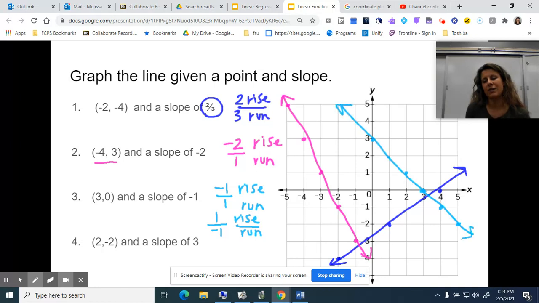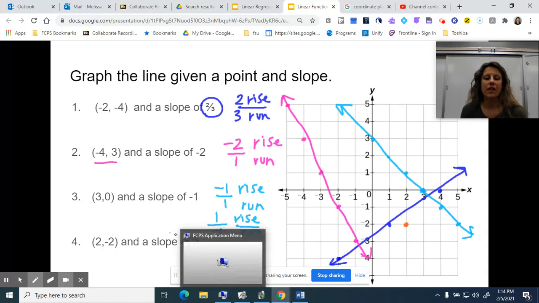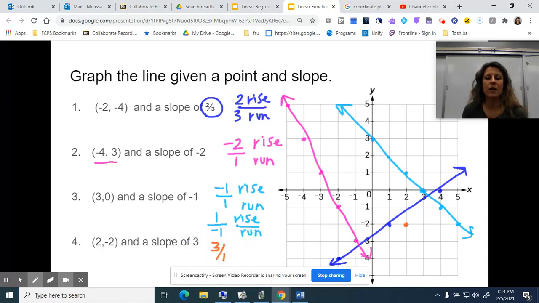Okay, the fourth one, let me change colors, and maybe we'll go with red or orange. Okay, we have a point at (2, -2), and our slope is 3. So I'm going to stick that over 1.